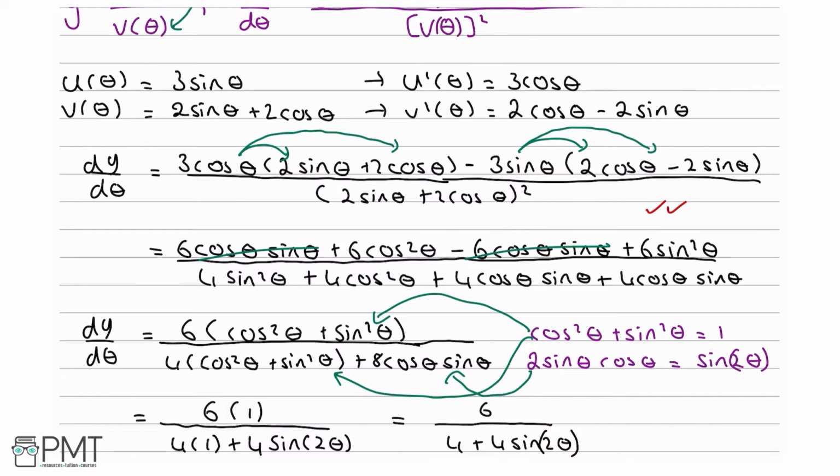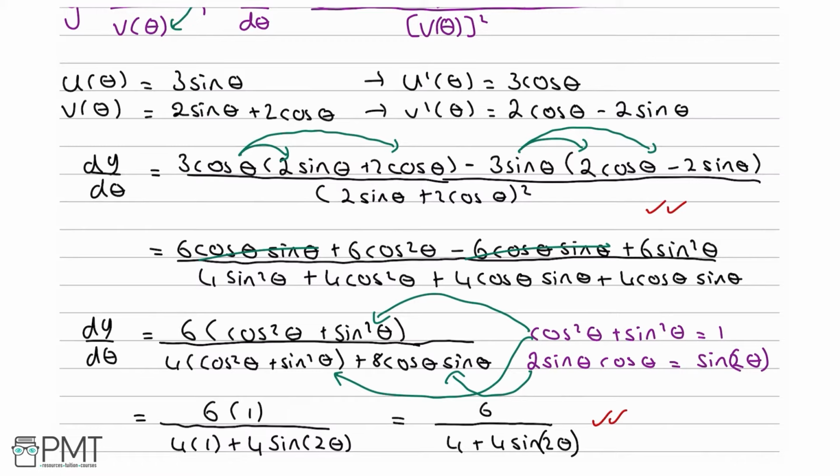Okay, so 6 over 4 plus 4 sine 2 theta is enough evidence of this step to get you both your marks. Now, if you've used sine squared theta plus cosine squared theta equals 1 or 2 sine theta cosine theta equals sine 2 theta correctly once, you will get 1 mark for it. But if you use them both correctly all the time, then you get 2 marks.